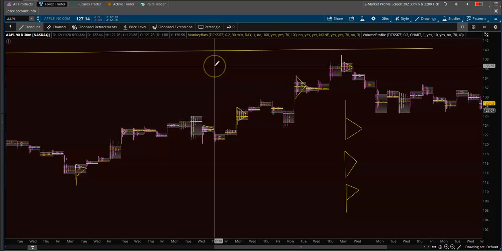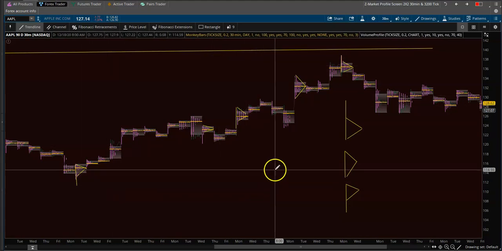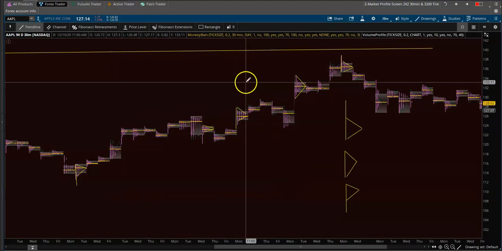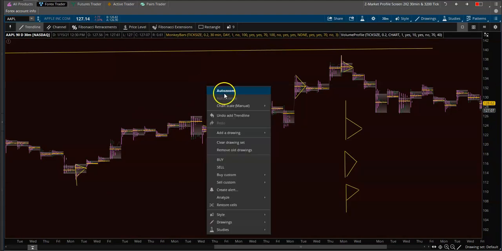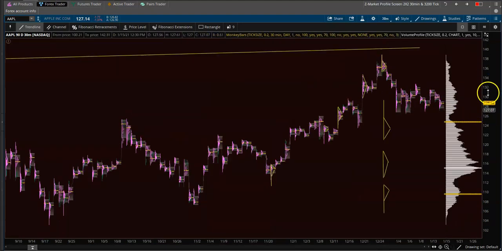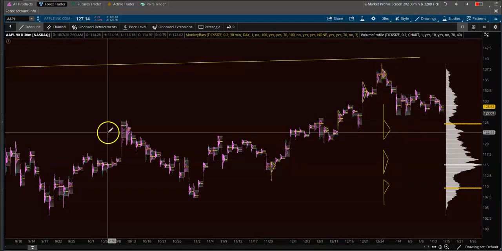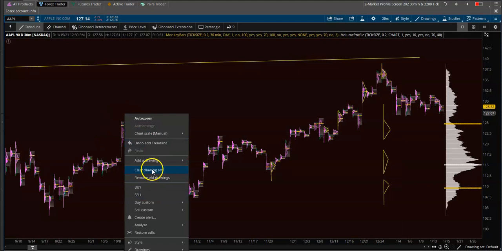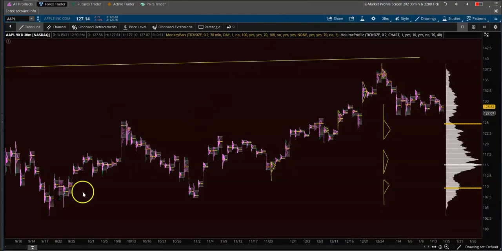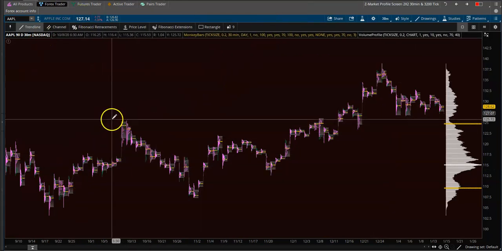So these are just a couple of ways to look at the market profile and understand the shapes of them. Then if we zoom out, we can also say, look, here's a major support level. Let's erase all the drawings and make some new drawings.